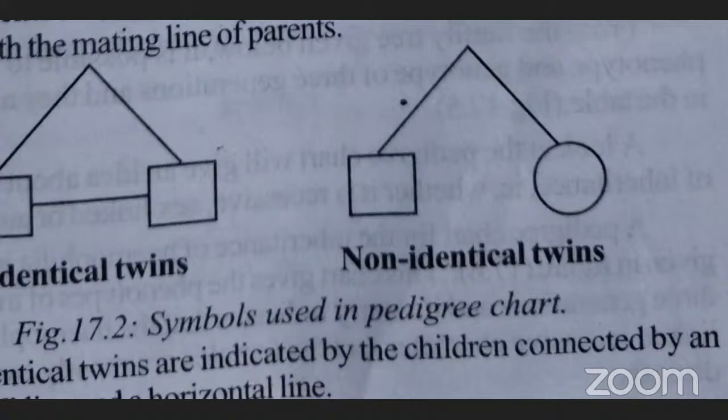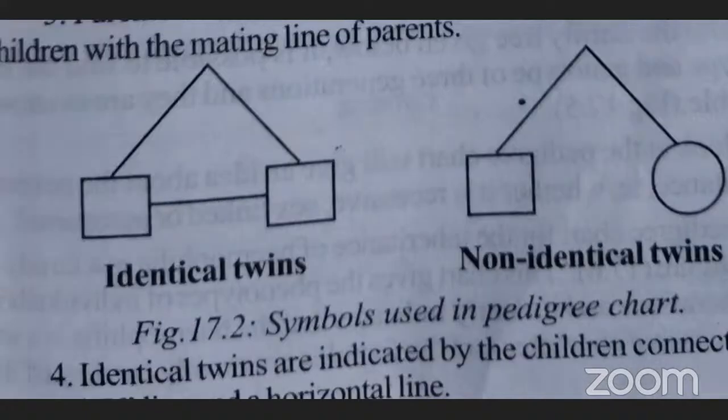So a V line with a horizontal line is called identical twins. Non-identical twins are indicated by children connected by only an inverted V line. There is no horizontal line. Clear?